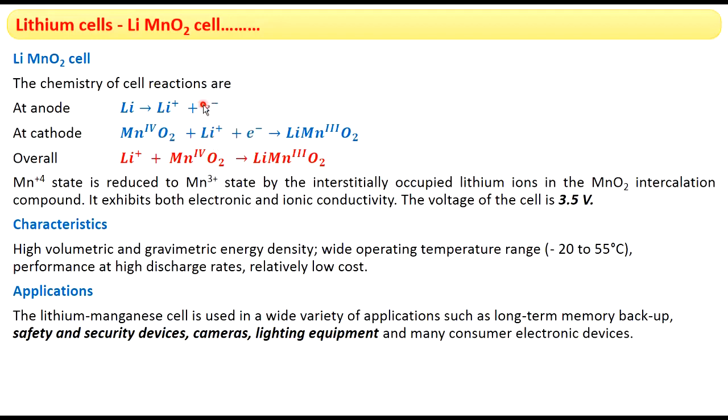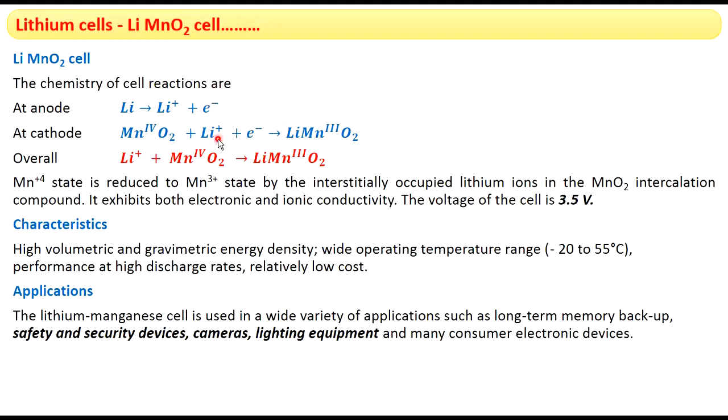Li+ ion will pass through the electrolyte and reach the cathode, whereas the electron will choose a different path and reach the cathode through the external load.